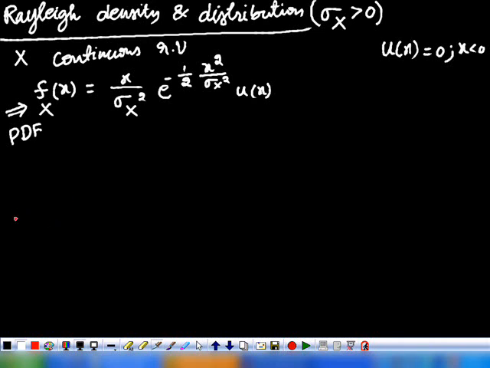And what is the application of this particular density function? In radar and sonar signal detection, radar signal analysis, sonar signal analysis, we widely use this function, which is termed Rayleigh density. Similarly, in missile targeting systems also.